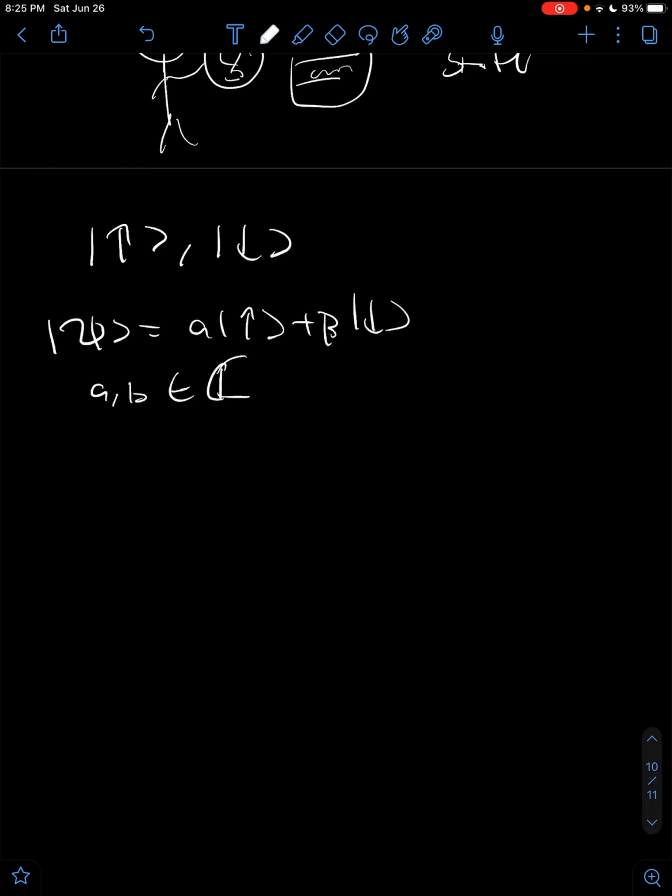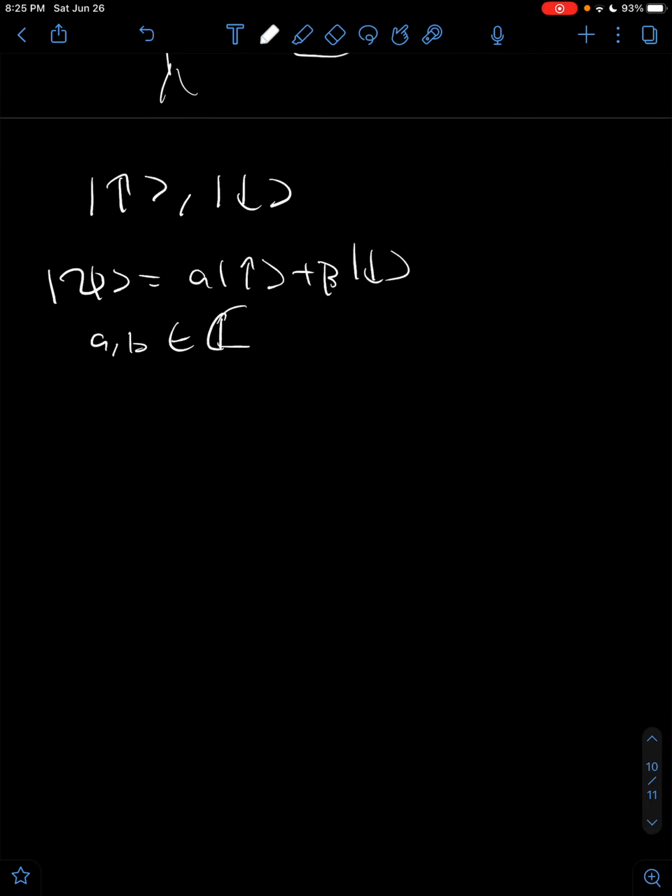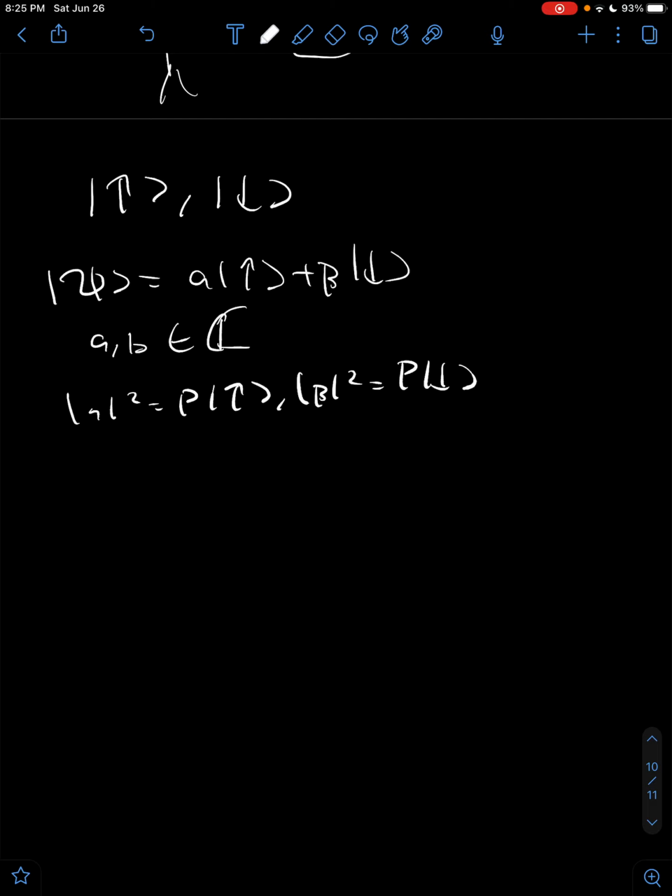Alpha squared gives you the probability of it being in the up state, beta squared the chance of being in the down state. And we call this general spin state a spinor. A spinor is just the general spin state. It's just another way of saying superposition of up and down. That's what a spinor is.